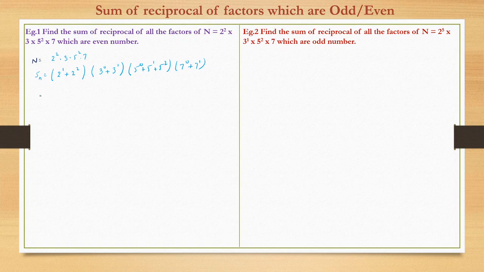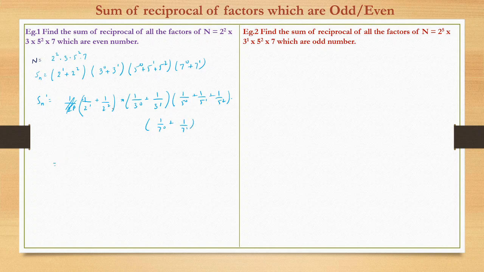But now since we are asked the reciprocal, we simply take the reciprocal of 2 raised to power 1, and so on: 1 upon 3 raised to power 0 plus 1 upon 3 raised to power 1, 1 upon 5 raised to power 0 plus 1 upon 5 raised to power 1 plus 1 upon 5 raised to power 2, and then 1 upon 7 raised to power 0 plus 1 upon 7 raised to power 1.